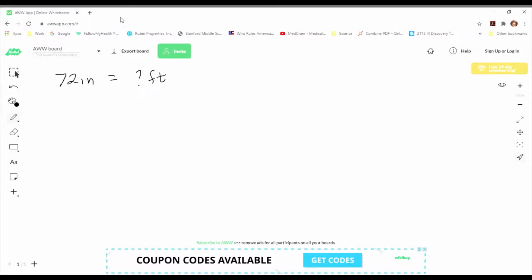Now, in order for me to do that, I need to know the relationship between feet and inches, right? And as I said earlier, 1 foot equals 12 inches. So in essence, what we're doing here is proportions. If you can do this as a proportion, you can write it out. We want feet to be in the numerator.